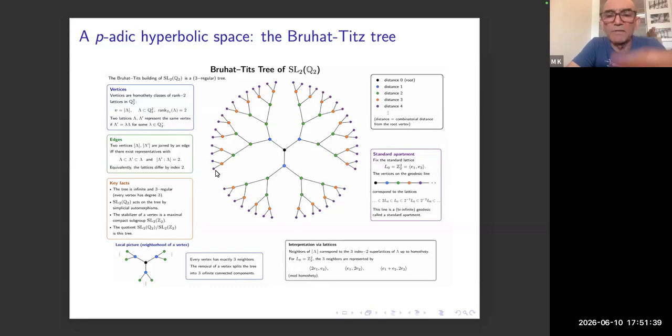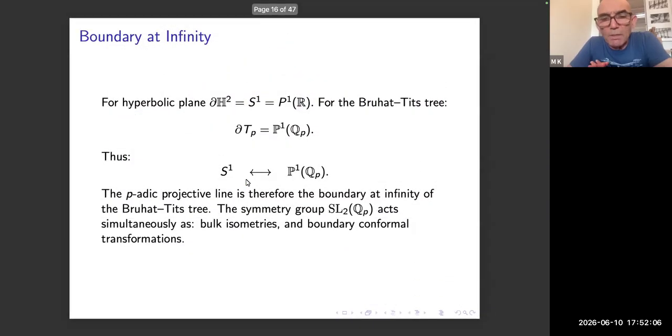So what you see here is the hyperbolic or anti-de Sitter space over Q2. This is the boundary and this is the bulk. SL2(Q2) acts isometrically on this and conformally on the boundary. They use these analogies to come up with a precise understanding of this AdS/CFT correspondence.